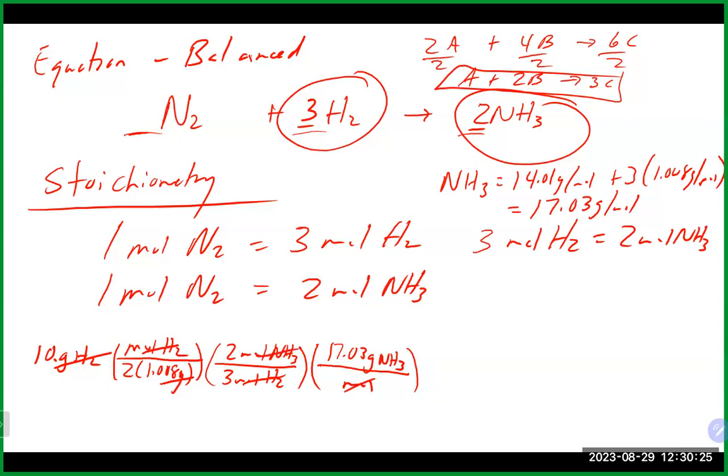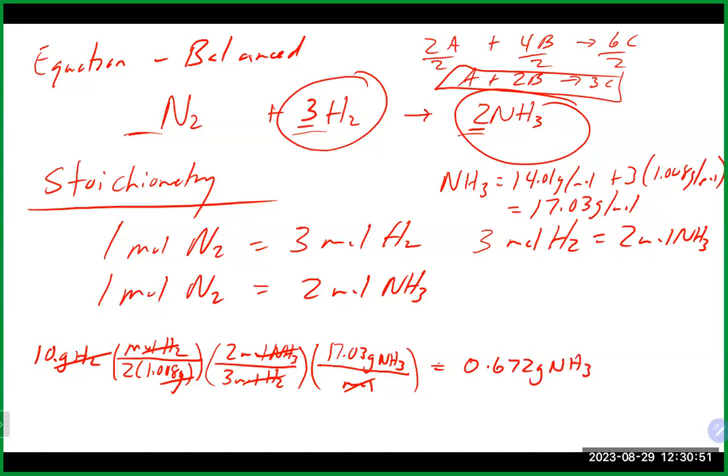That will get me 10 times 2 times 17.03. Let me actually punch it in correctly, that probably would be a little bit more helpful. Divided by 3, that gives me something like 0.672 grams of NH3.